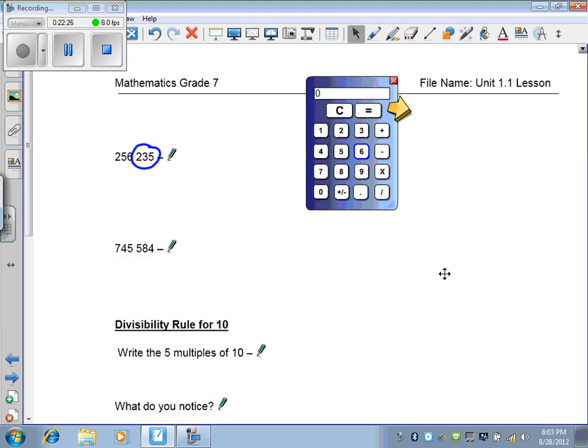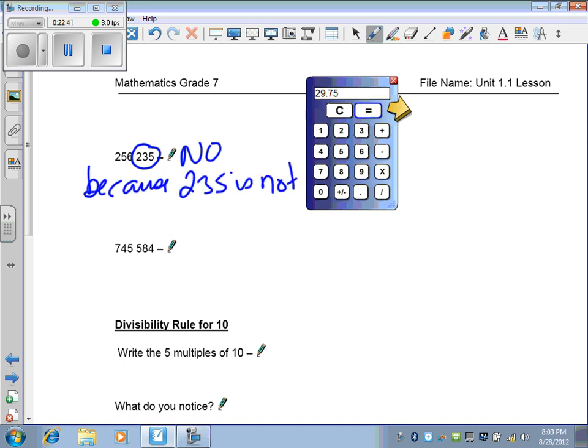So we've got 235 divided by 8. Is that a whole number? The answer is no. So this is no, and the reason is because 235 is not divisible by 8 evenly.